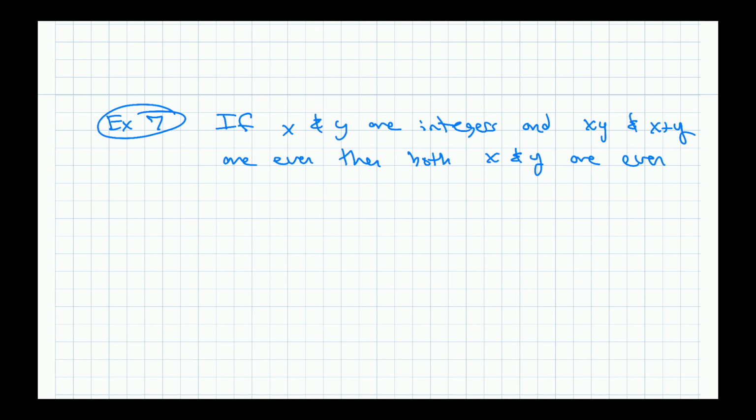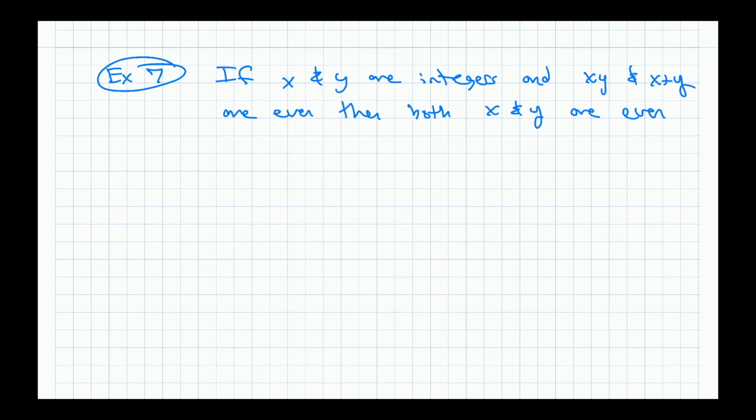Okay, so before we get to doing the proof, I just want to write this out in symbols a little bit. So there's a lot here. So I'm going to skip over this part. x and y are integers. We know we're talking about integers now.